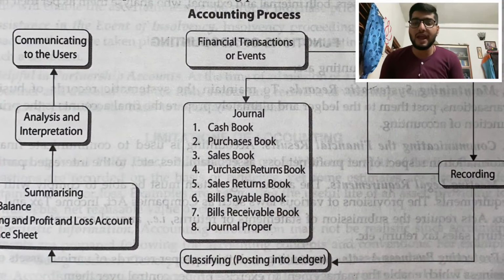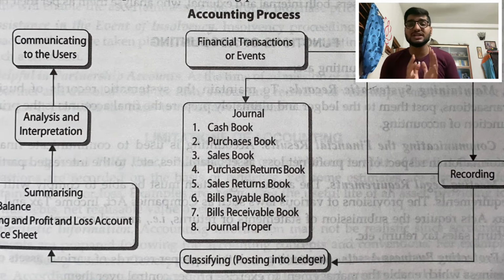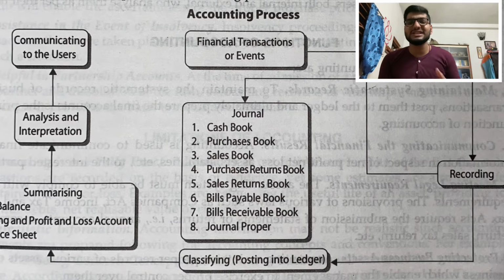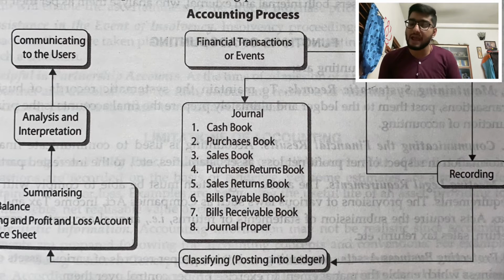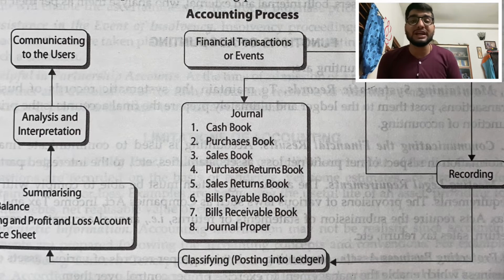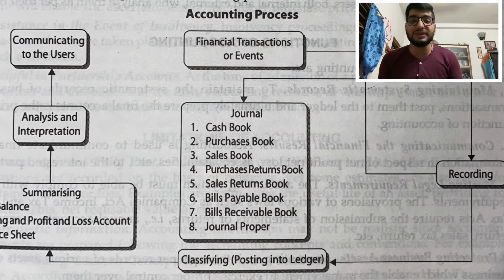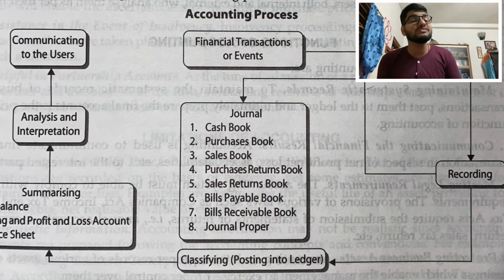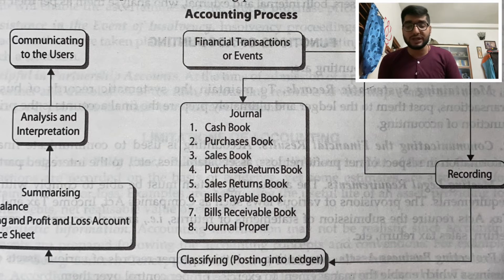Now we are coming to the accounting process, students. First a financial transaction or any event happens. That means any sale or any purchase happens in a company. Then we will be recording that transaction. There are various books where we will be recording. First we will make the journal. We will come to what a journal is.